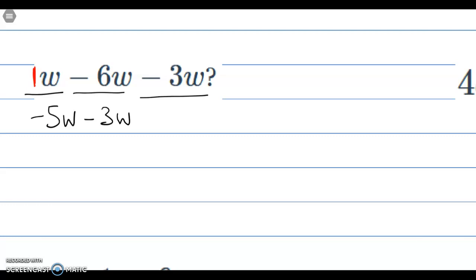Now I'm going to take the negative 5W and add it with the negative 3W. Same sign, find the sum. 3 plus 5 is 8W, and since they're both negative, we leave it negative. And that's our answer.